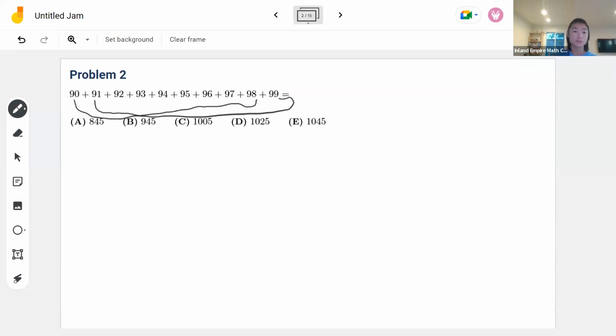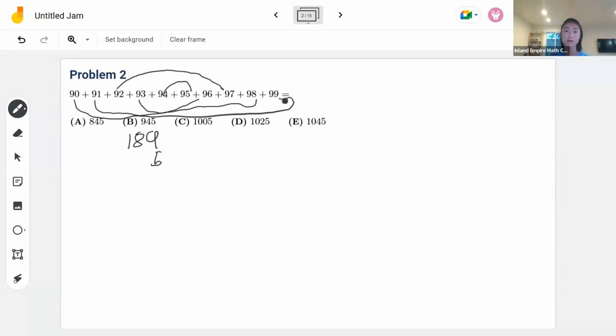So each of these groups will be 189, right? And since we have an even number of numbers that we're adding up, we have 10, we can just multiply 189 by 5, since that's how many groups we'll have, right? We group all of these up, and by doing that, we saved ourselves a lot of steps.